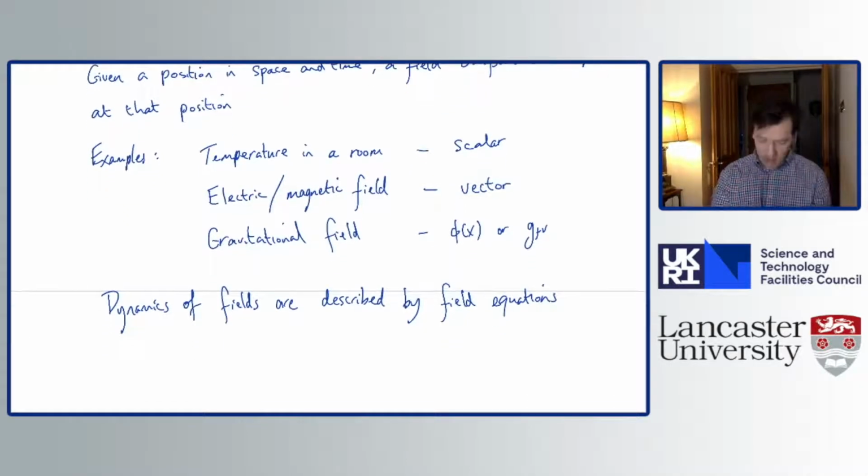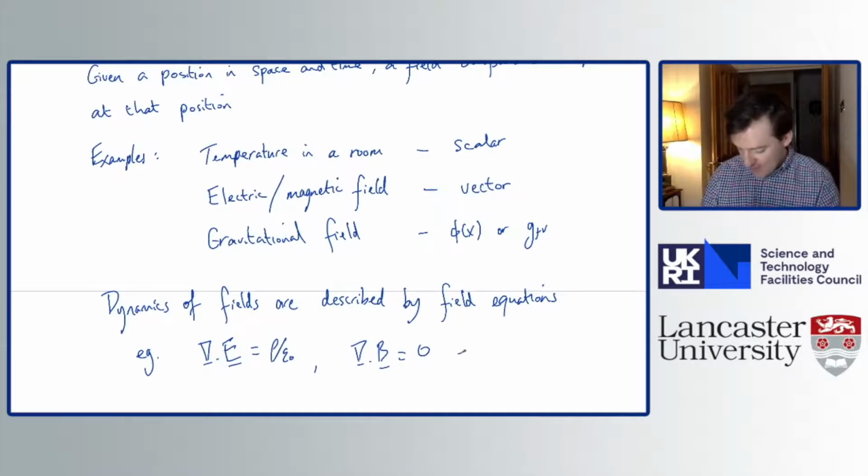And you've met a whole bunch of field equations in your life, I'm sure. The famous ones are Maxwell's equations. The divergence of E tells us about how E varies in space, given some charge density at some point. You get similar equations for the magnetic field and so on.